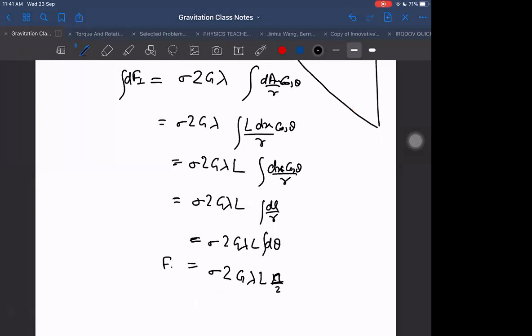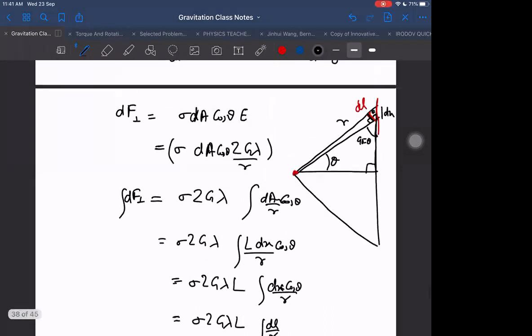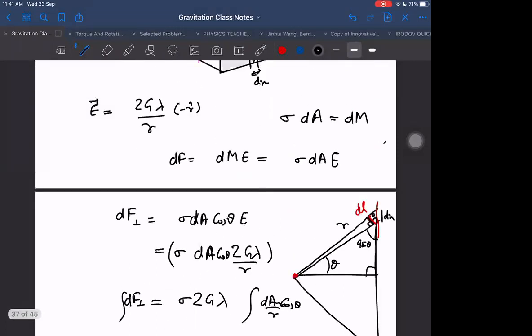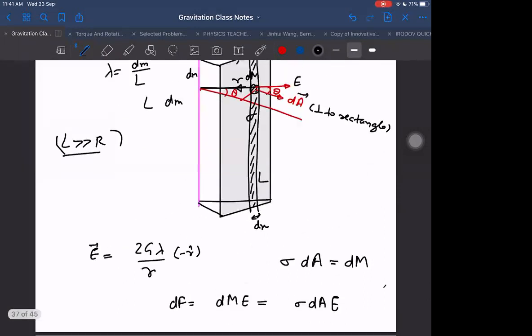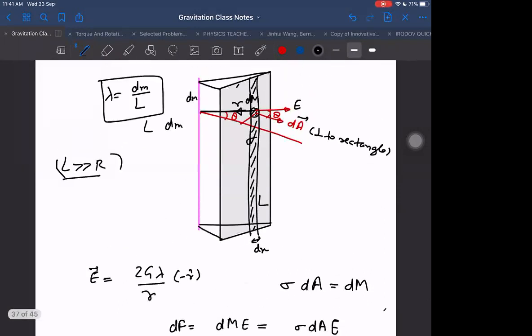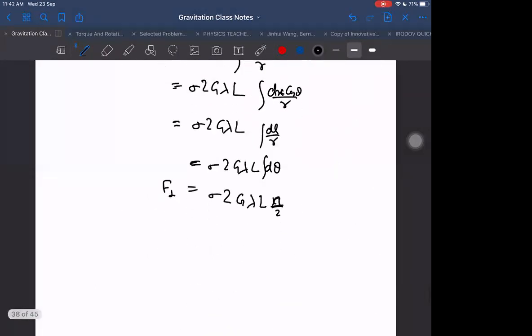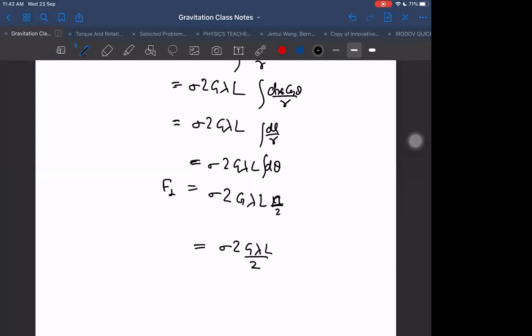That is F perpendicular. But we know already what lambda was. Lambda was written somewhere: mass per unit length. Yes, this is lambda, dm by L. So this comes out to be sigma 2 G lambda L by 2 into pi. Sorry, no, lambda I have to remove.